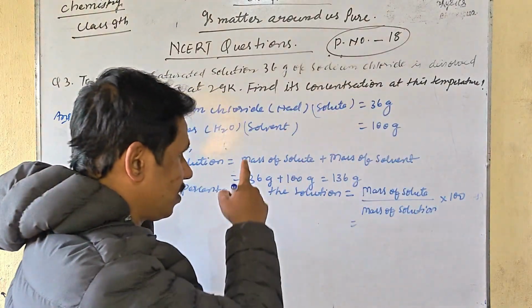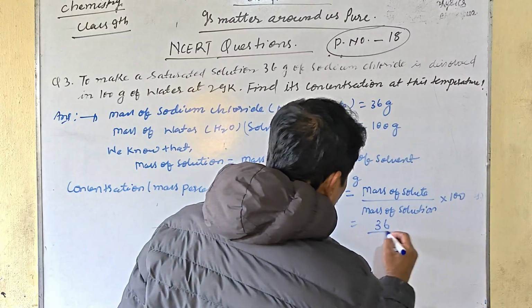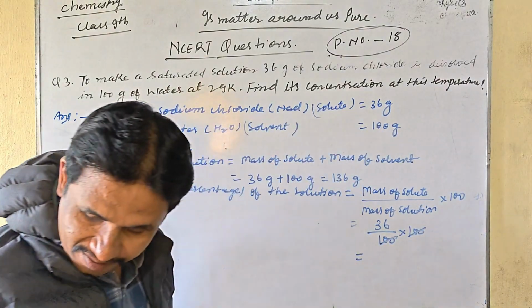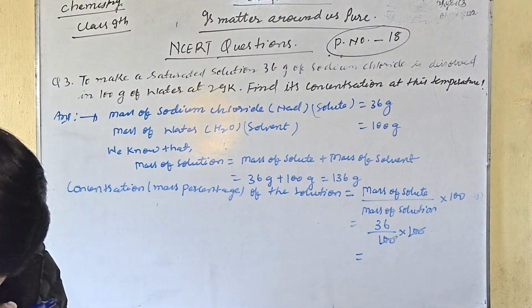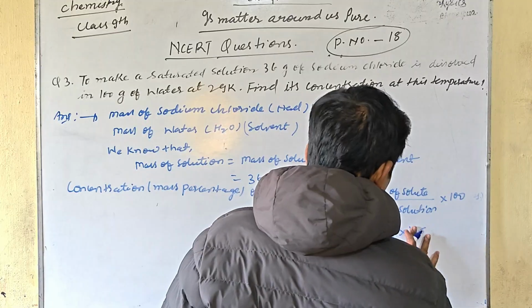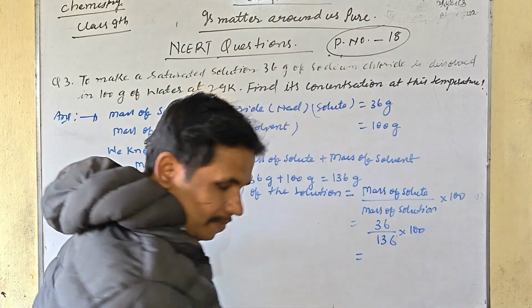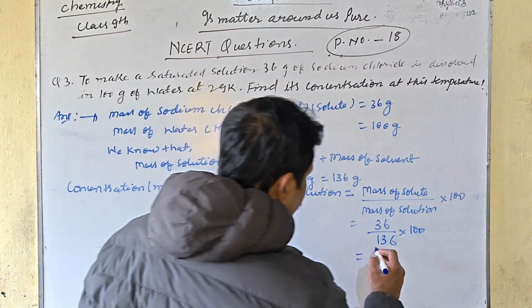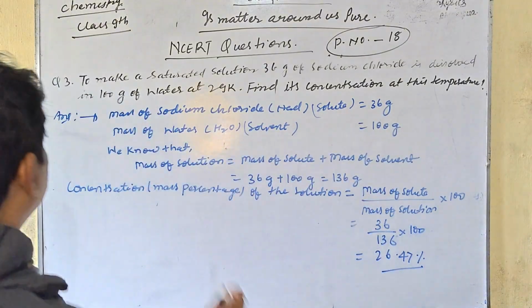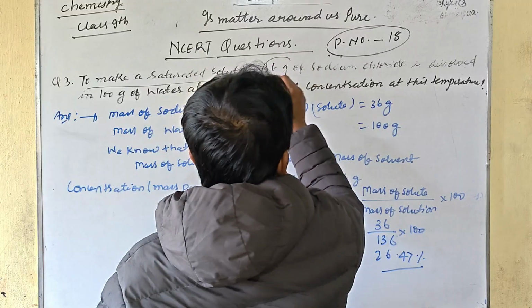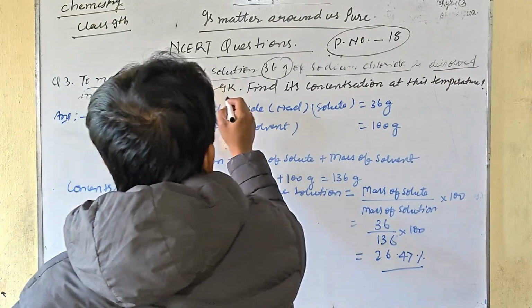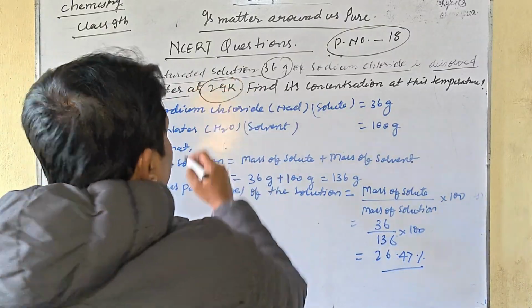Mass of solute is 36 gram, mass of solution is 136 gram, so 36 by 136 into 100. This comes to an answer of 26.47. This is the right answer. So my dear students, this is to make a saturated solution: 36 gram of sodium chloride is dissolved in 100 gram of water at 293 Kelvin.